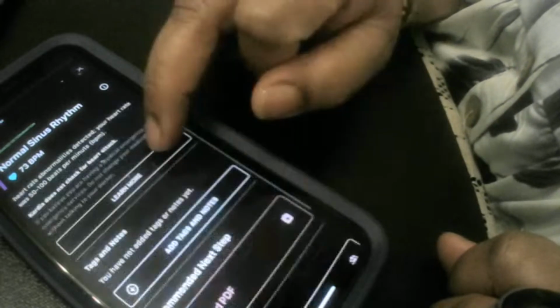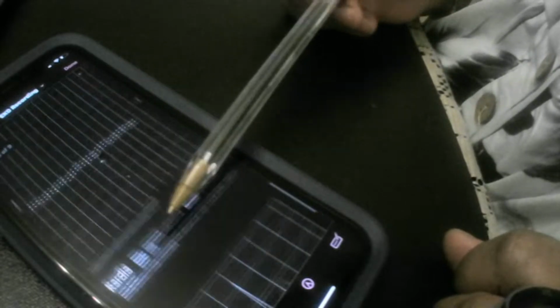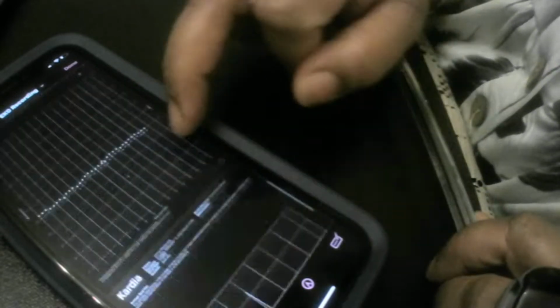Okay, so see what the graph looks like. And there is a graph. That looks normal. But you can see the electricity is still high. But like I said, it dropped.